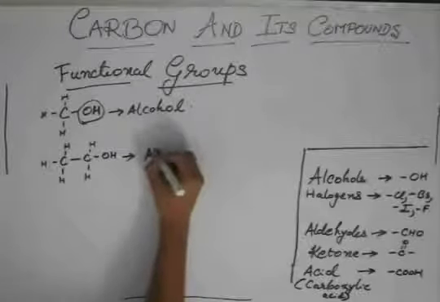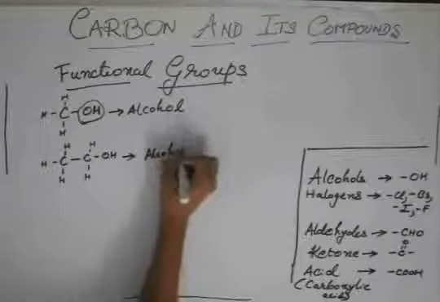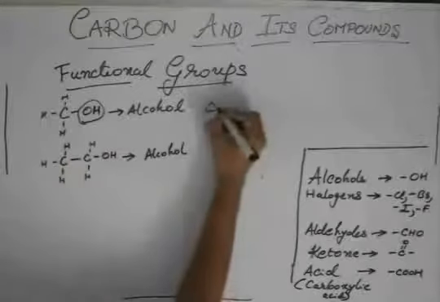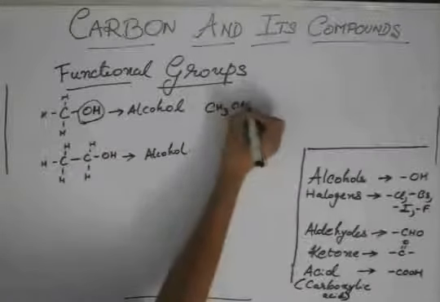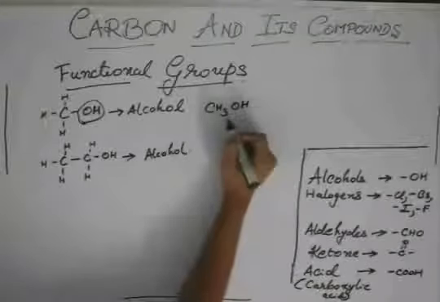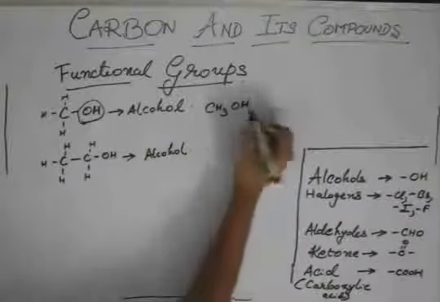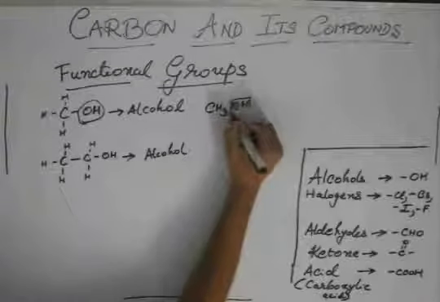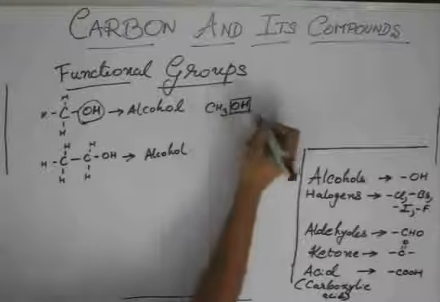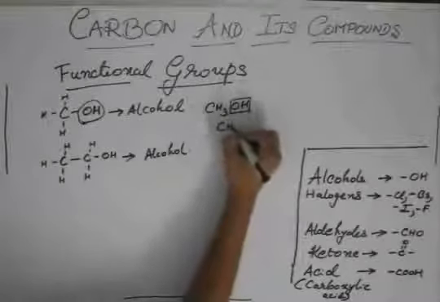This is also an alcohol. In the formula of these functional group containing compounds, we always write the formula of the functional group separately. So this is CH3OH and not CH4O.